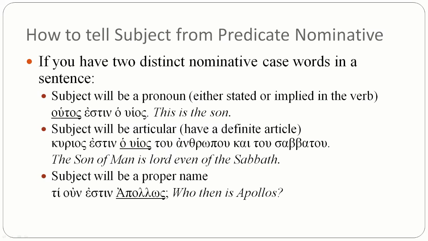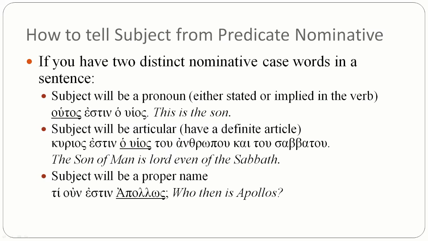Second rule, the subject will be articular. In other words, it will have a definite article attached to it. In the next example sentence, kurios estin ho huios tou anthropou kai tou sabbatou. In this case, all those genitives are kind of stuck on there. The basic sentence is kurios estin ho huios.